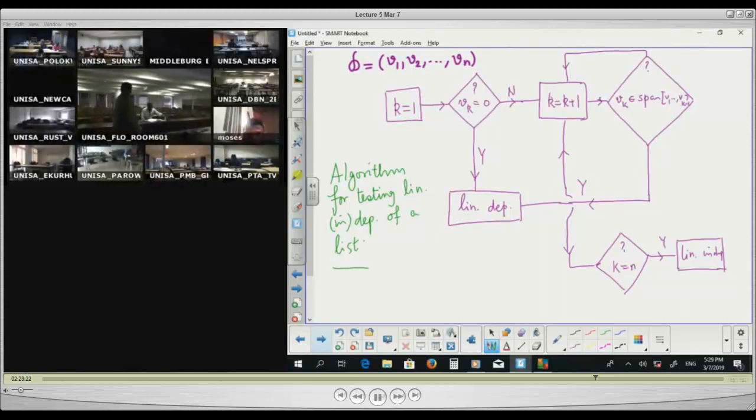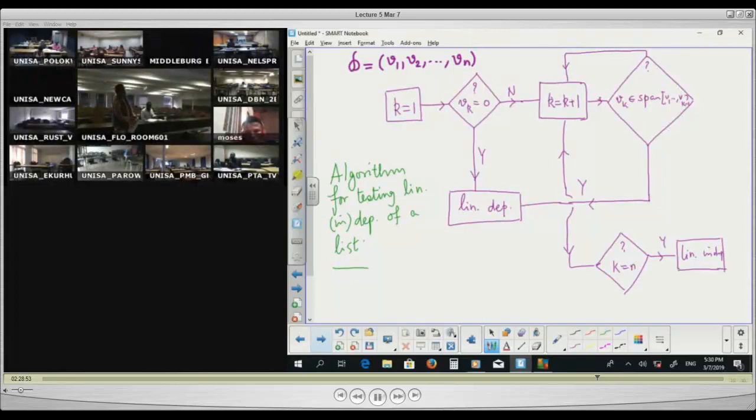You start with the first element. You ask whether it is 0 or not. If it is, it's linearly dependent. You don't have to proceed any further. If not, you proceed to the second one, and you ask whether the second one is in the linear span of V1, that means it's a multiple of V1.